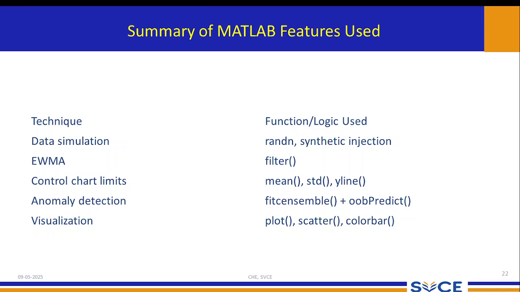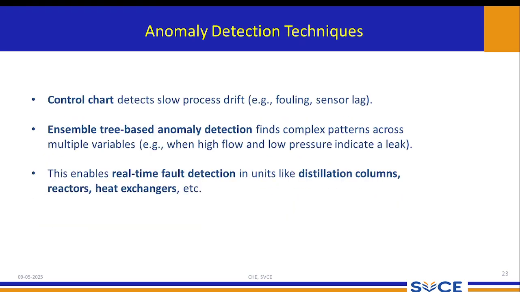So I just would like to show an example of how to do the anomaly detection during the process. For example, the pressure deviation which has happened in the distillation. So what is the advantage of this anomaly detection technique? Control chart detects slow process shift. Ensemble tree-based anomaly detection finds complex patterns across multiple variables.